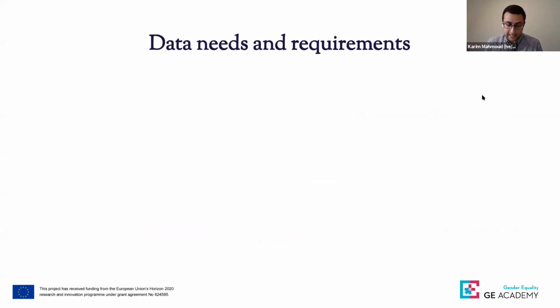So those data needs and requirements that you start with are really going to be focused on a number of different themes. The first is to understand the difference between the qualitative and quantitative data needs that you have. And we talked about the need for a mixture of indicators in order to get a whole picture of the situation in your institution.